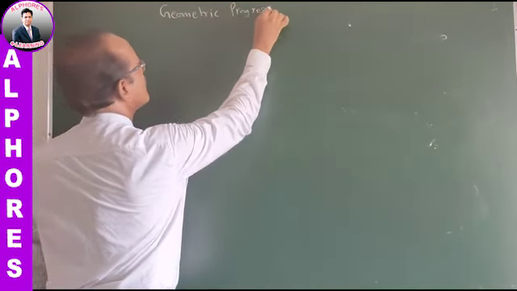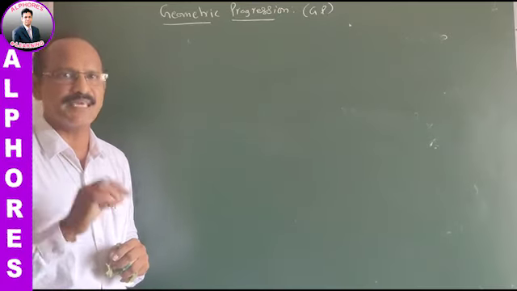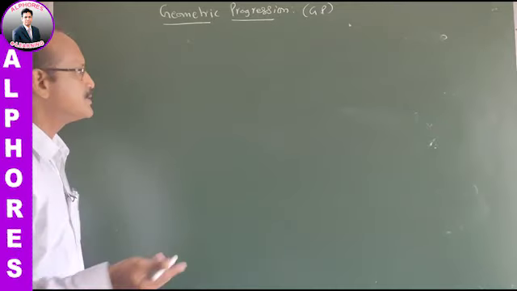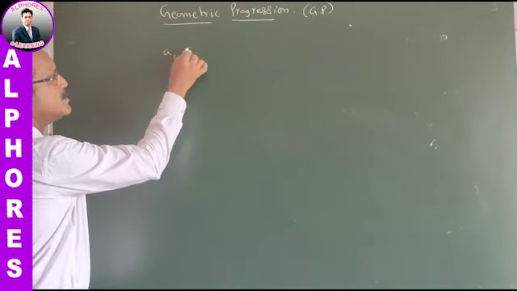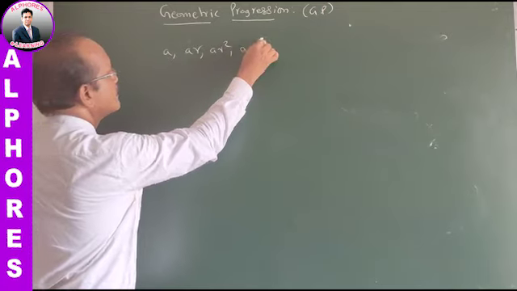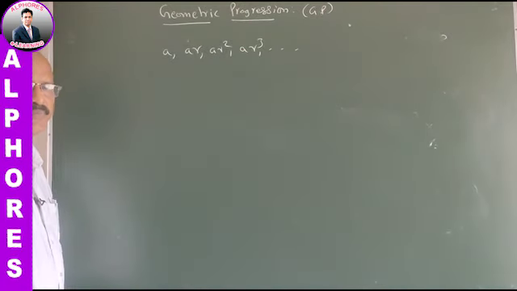Once again, a progression is said to be a geometric progression if the ratio of each term of the progression to its preceding term is always the same, right? The standard form of the GP is given by a, ar, ar square, ar cube, etc.